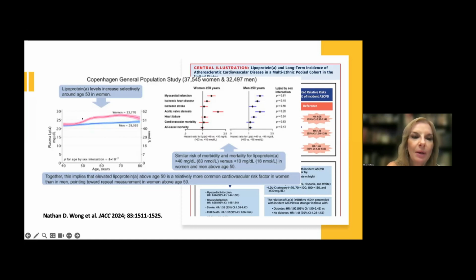However, in women over age 50, the LPA might increase. So, considering that the risk of increased LPA levels is similar in both sexes, there is a value to measuring lipoprotein A, more commonly compared to men, in women over age 50.